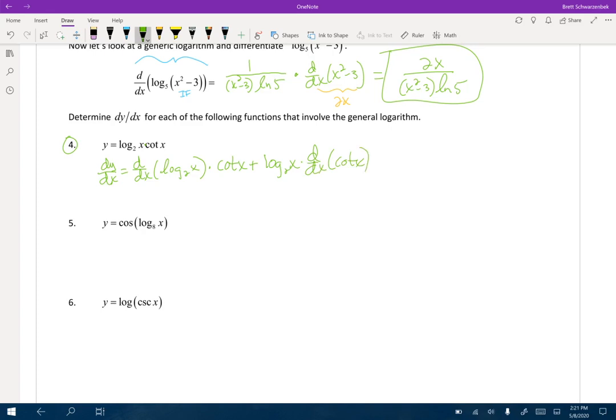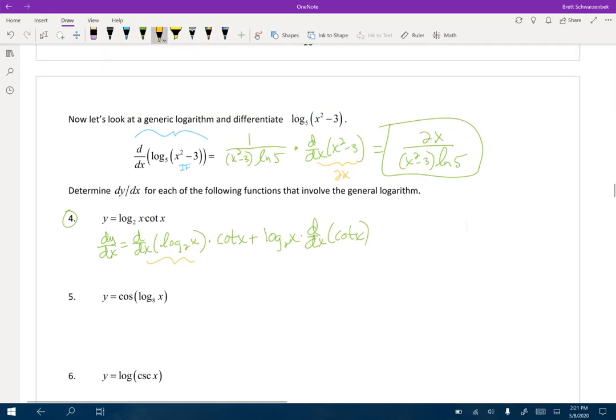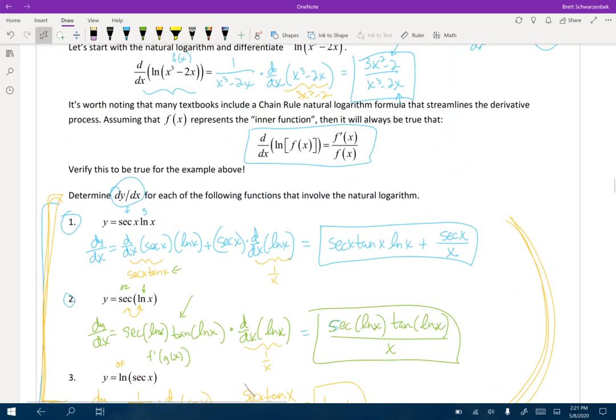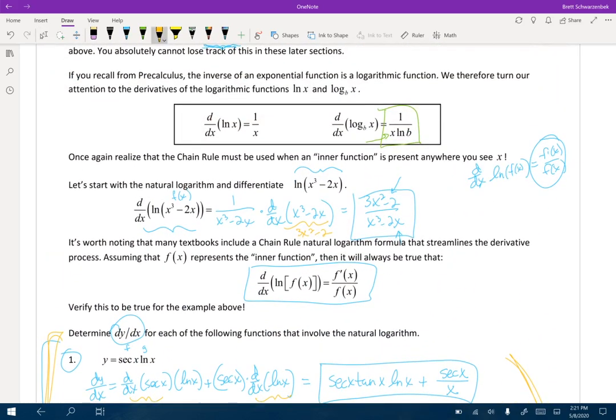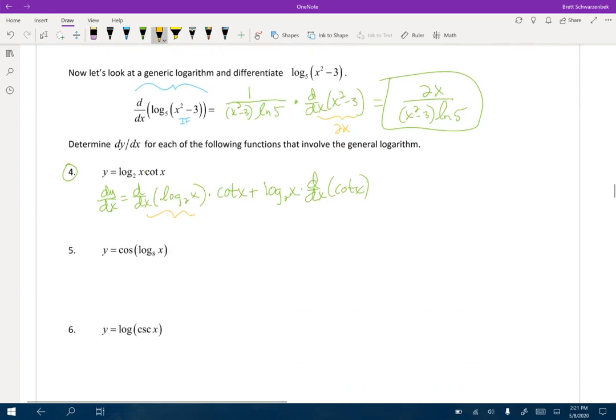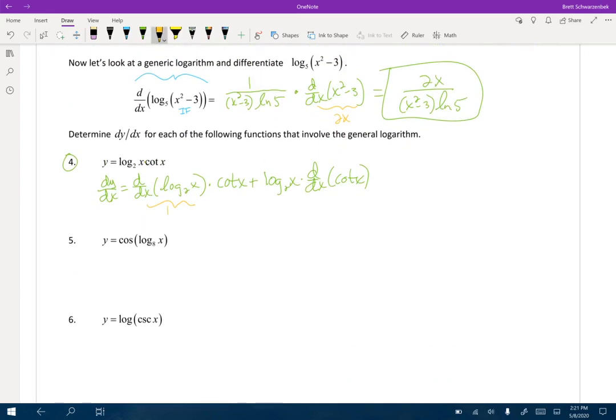Okay, again, we have to go back to our rule. So this is a base log function. So there is no inner function involved, so it's just going to be 1 over x natural log of our base. So in this case, it would be 1 over x natural log of 2. What about cotangent? Another one that you should remember. You might not, but you want to make sure you get into that habit. So how do I remember it?